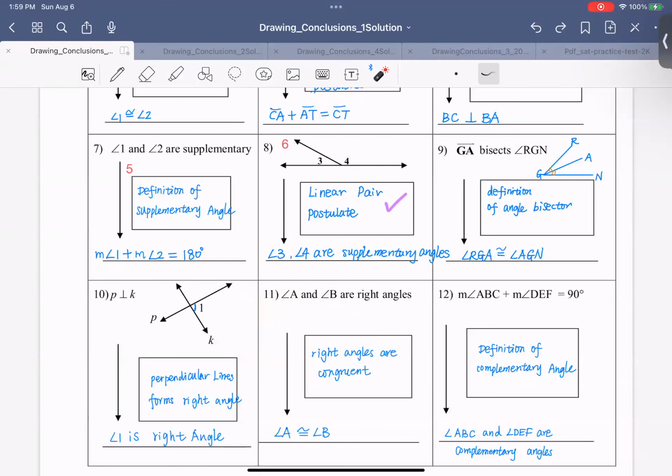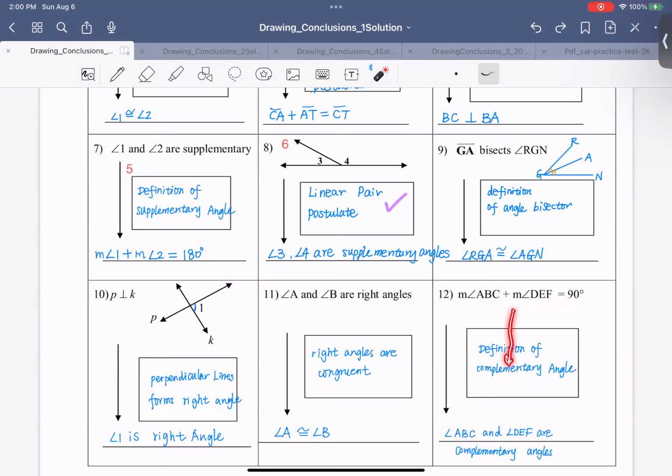And for this guy here, when you have two angles whose summation is 90 degrees, these two angles will be called complementary angles. If two angles' summation is 180 degrees, you will call these two angles supplementary.